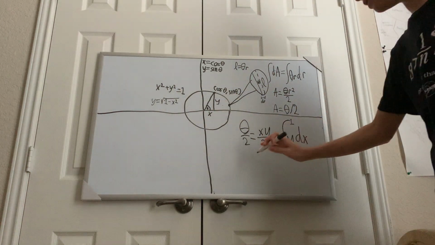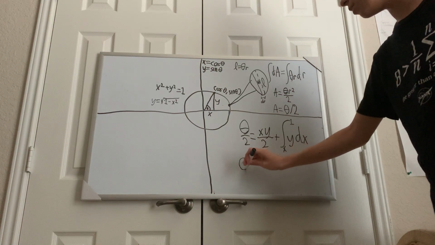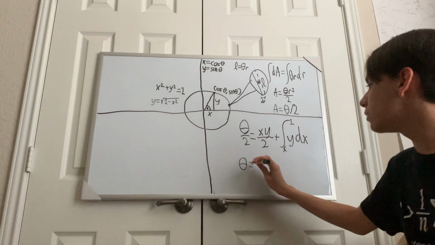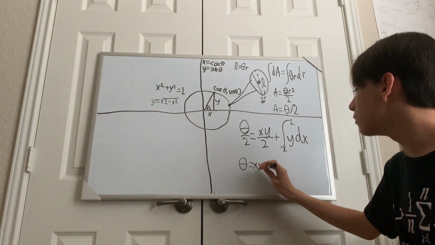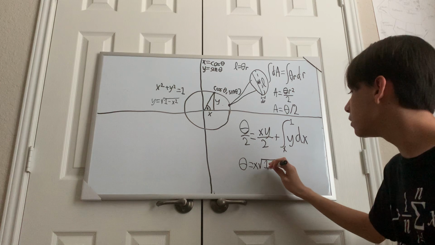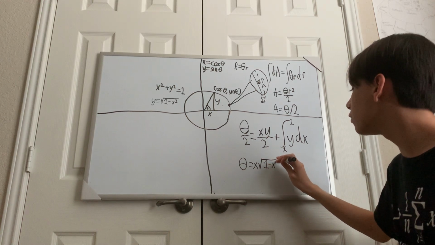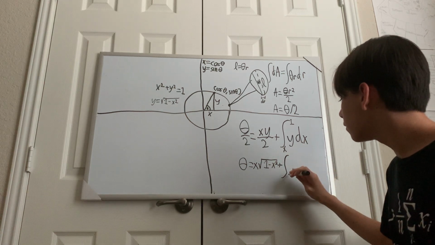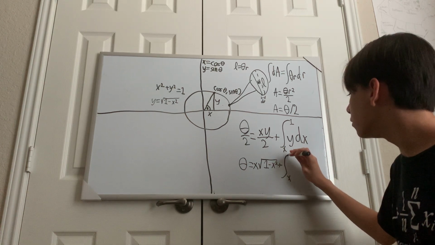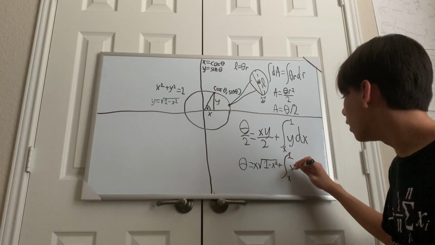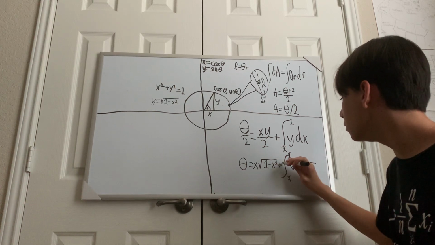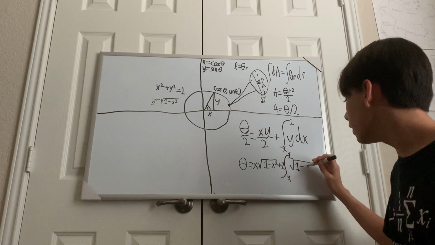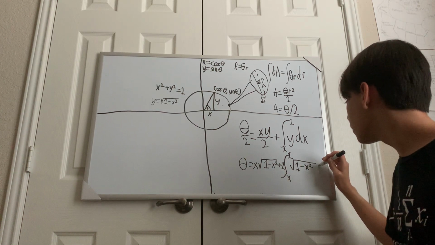So then now we get that theta, multiplying both sides by 2 and plugging in for y, is x square root 1 minus x squared plus integral from x to 1 of, that's 2 times the integral, 1 minus x squared dx.